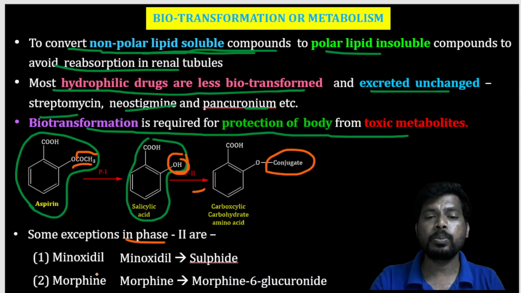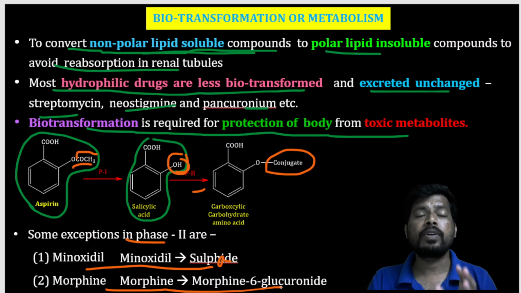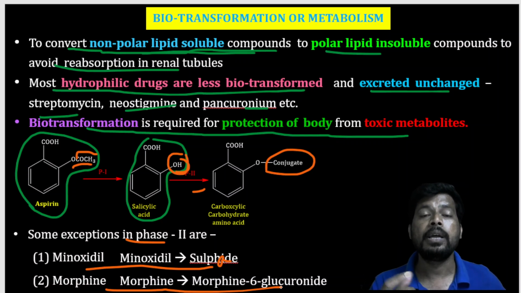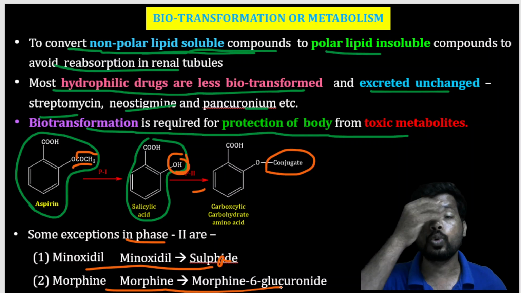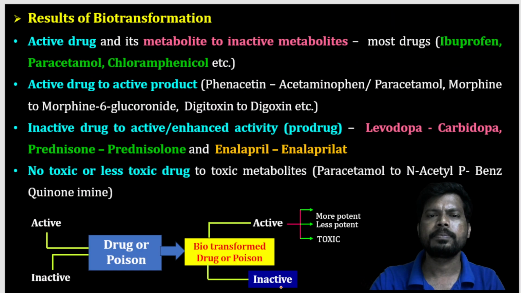But in some examples, minoxidil converts to minoxidil sulfate, not sulfide, which is an antihypertensive drug and vasodilator, and morphine converts to morphine 6-glucuronide, which is a more potent analgesic compared to morphine.